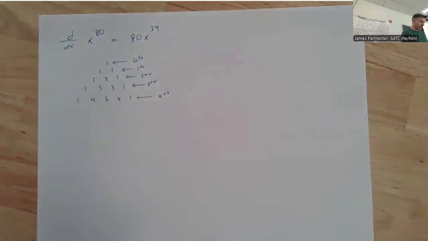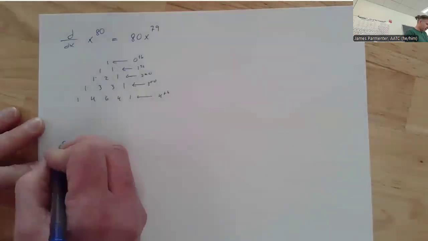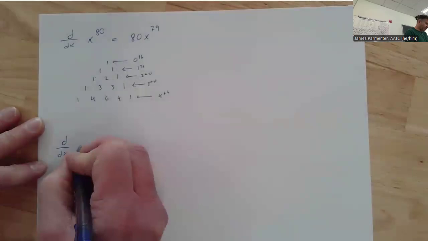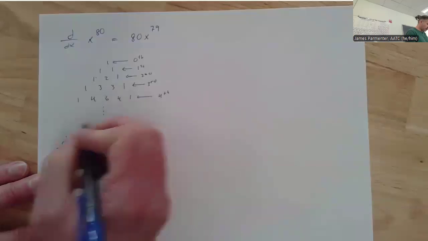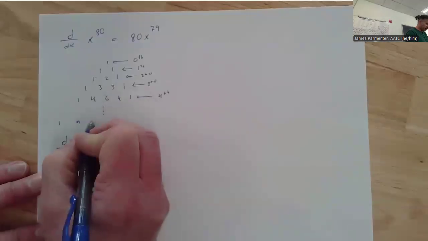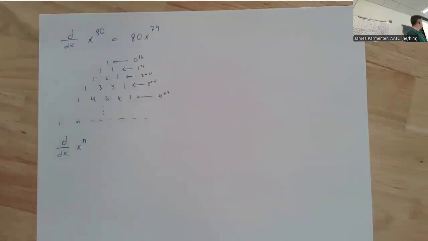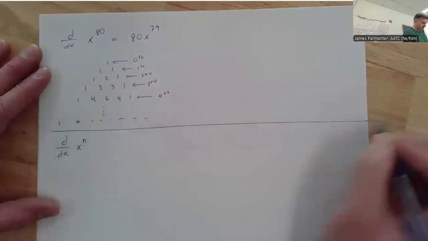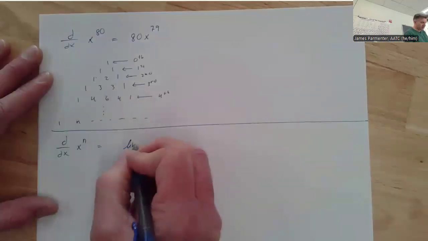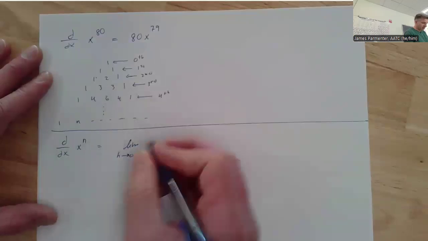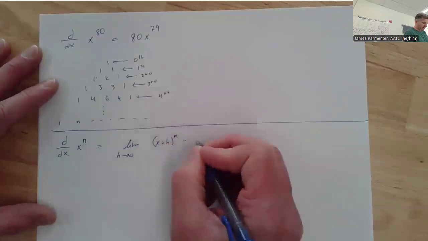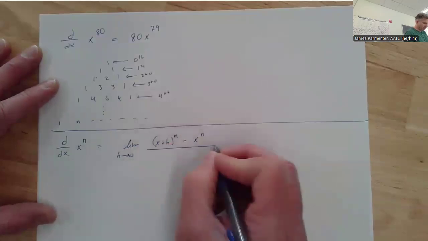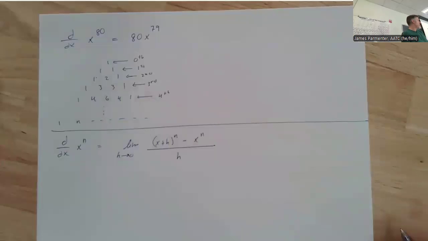So what if I wanted to find the derivative of x to the power of n? Well, I would need the nth row. And in the nth row, it's going to be 1 and other things. So we're going to write this as the limit as h goes to 0 of (x plus h) to the nth power minus x to the nth power, divided by h.